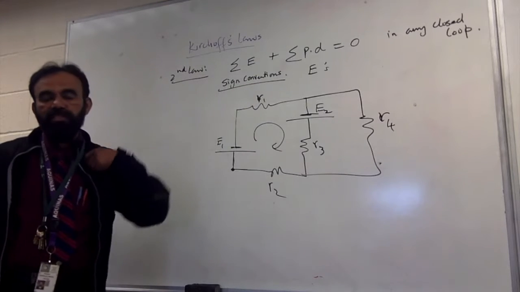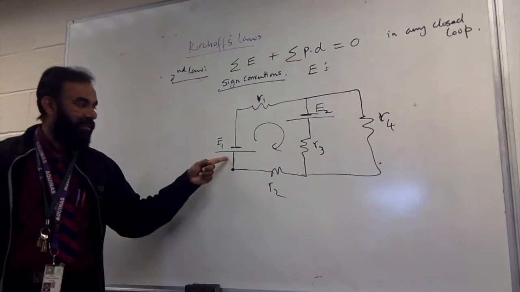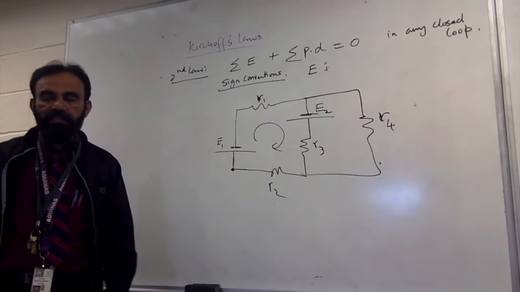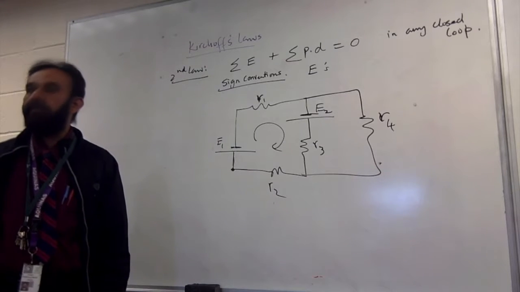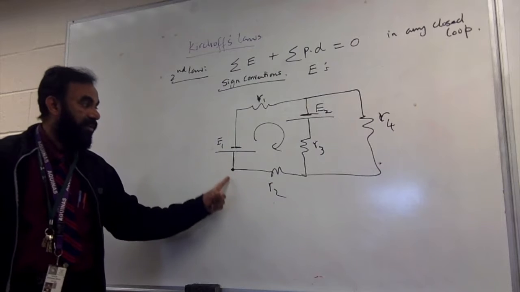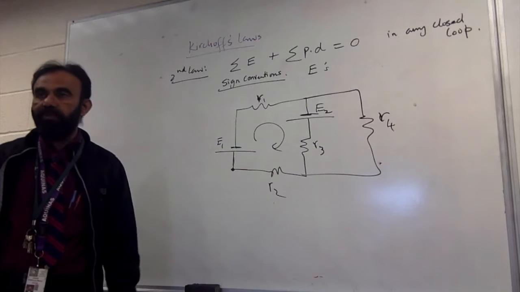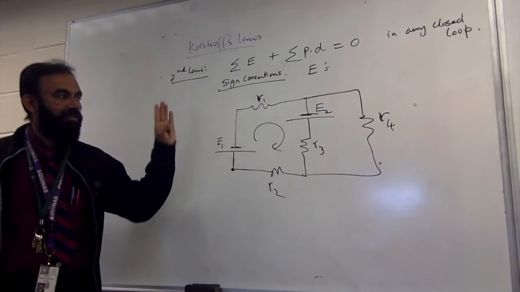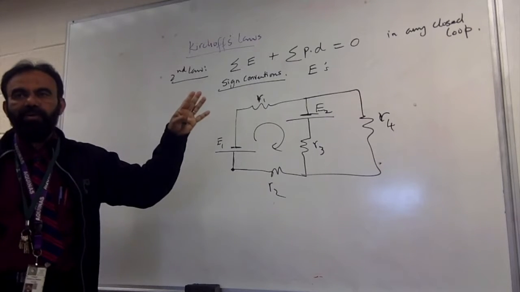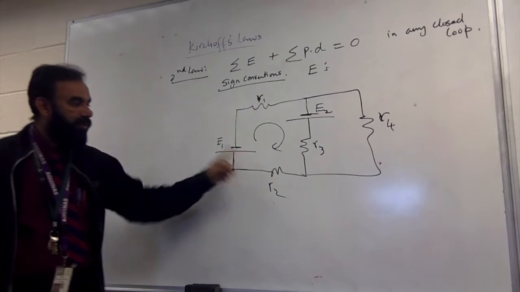The EMF's directions are all decided by the terminals' polarities, that's it. Nothing to do with current. Which way the current is going into the battery, is it in or out? None of your business now. Right now, for EMFs, just forget about any current at all and just focus on which way you are going.